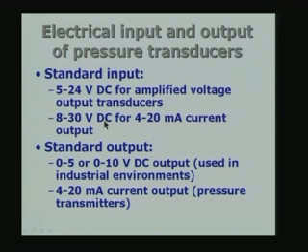Okay. So, the standard input will be 5 to 24 volts DC for amplified voltage output transducers, and for current type instruments 8 to 30 volt DC. The standard output will be either 0 to 5 volts or 0 to 10 volt DC used in industrial environments, and in the case of process applications we usually use 4 to 20 milliamperes. Let me look at this 4 to 20 milliamperes slightly more carefully.